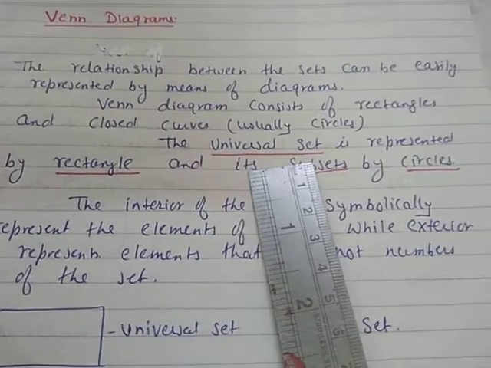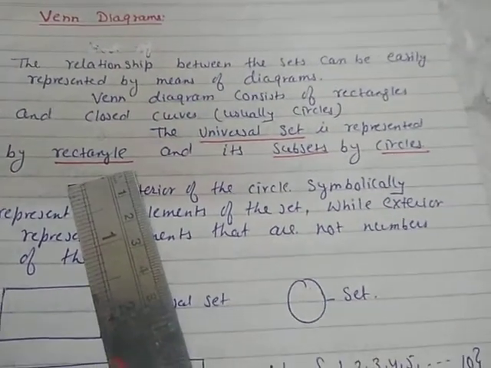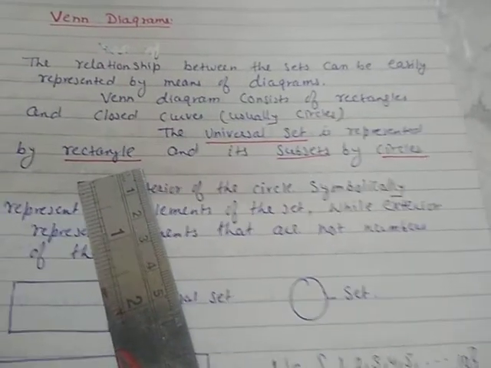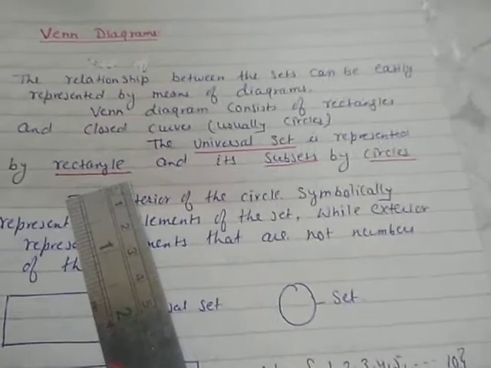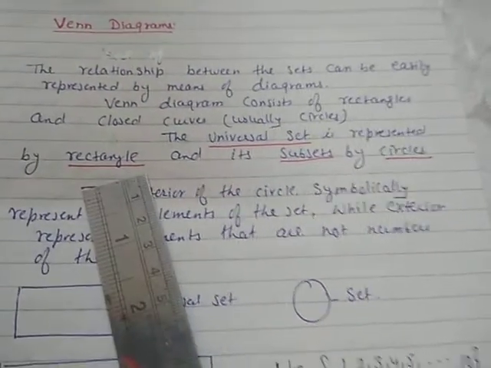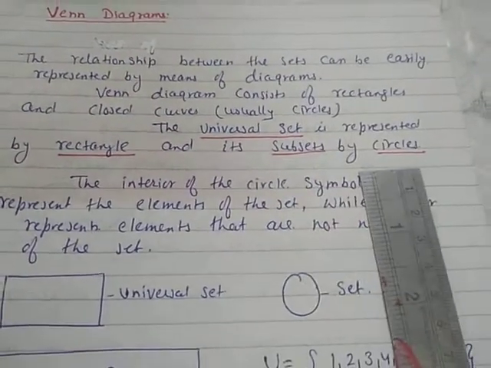The universal set is represented by a rectangle. The universal set is the superset of the sets under consideration, and it is represented by a rectangle, and its subsets by circles.